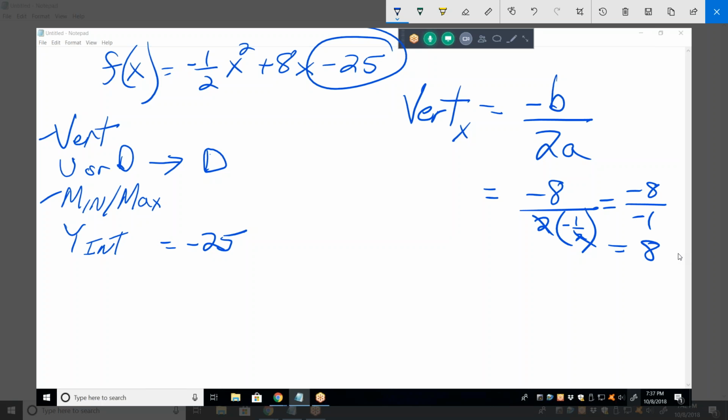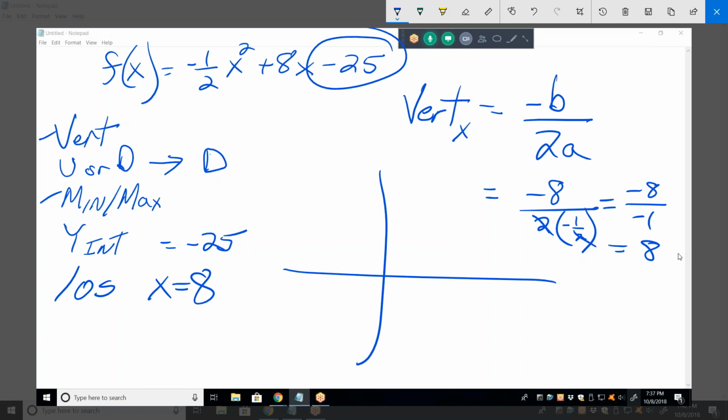It's equal to 8. Okay. So 8 is the line of symmetry. Also, x equals 8. In other words, we now can have a decent idea. There's my line of symmetry at 8.